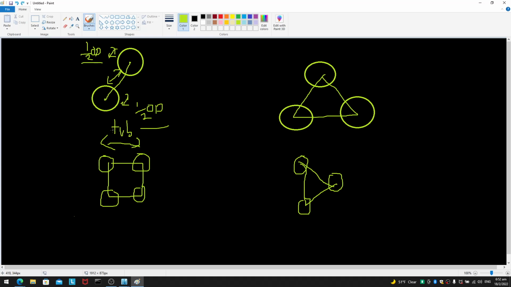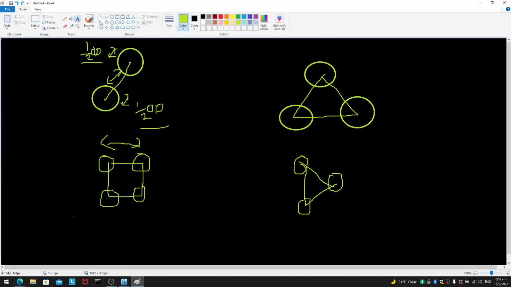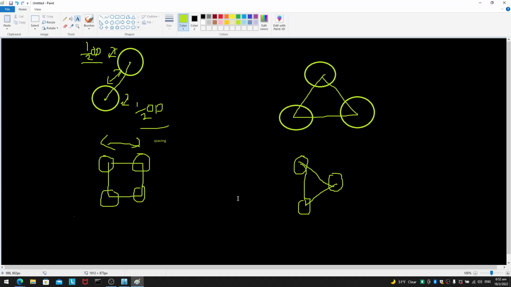Okay, the spacing. I think the spacing is here. I should click elsewhere. I'm so used to GIMP. Okay, so I think the spacing is the sides of the square, if I'm not wrong. So that's the pitch.